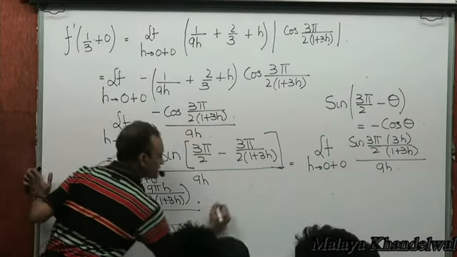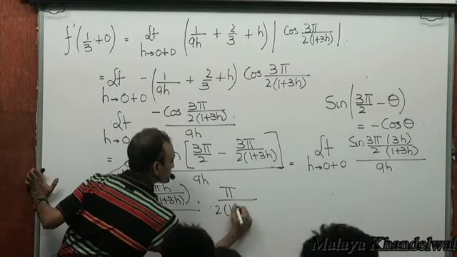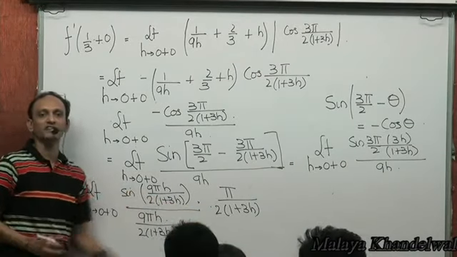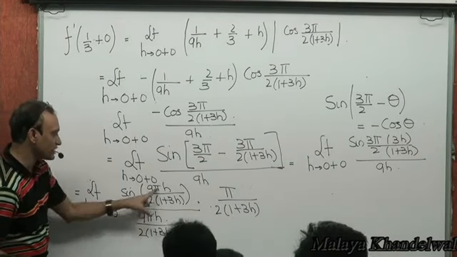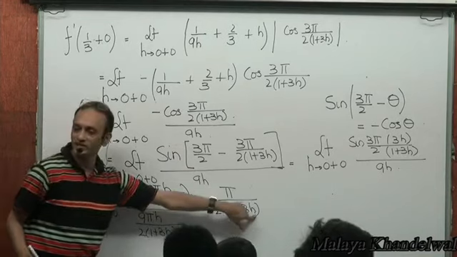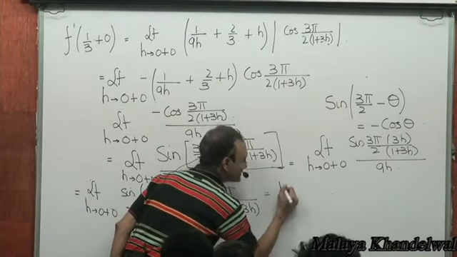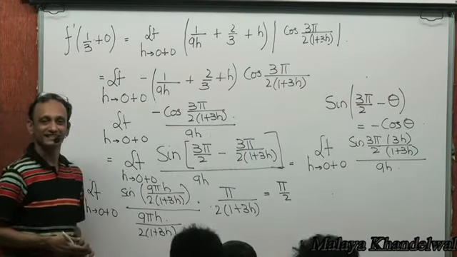Then I do a balancing act here. This pi divided by 2 into 1 plus 3h, as h tends to 0 from the greater than 0 side. Yes or no? So now this reduces to sine theta by theta as theta tends to 0. That's 1. And this will become pi by 2 as h tends to 0. Yes or no? Yes, right. So this is pi by 2.